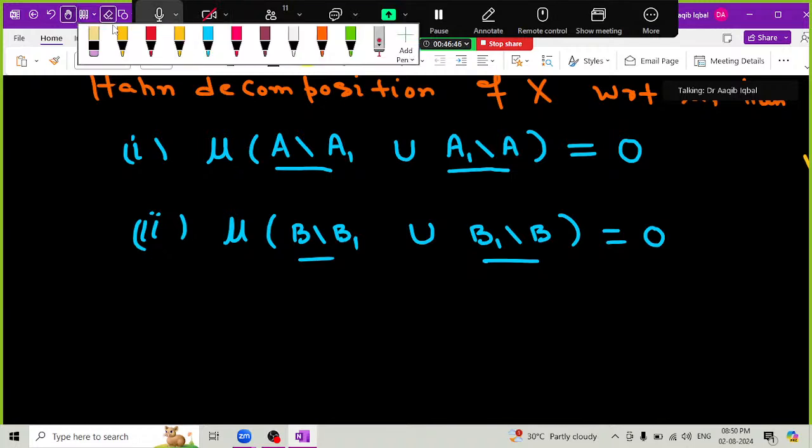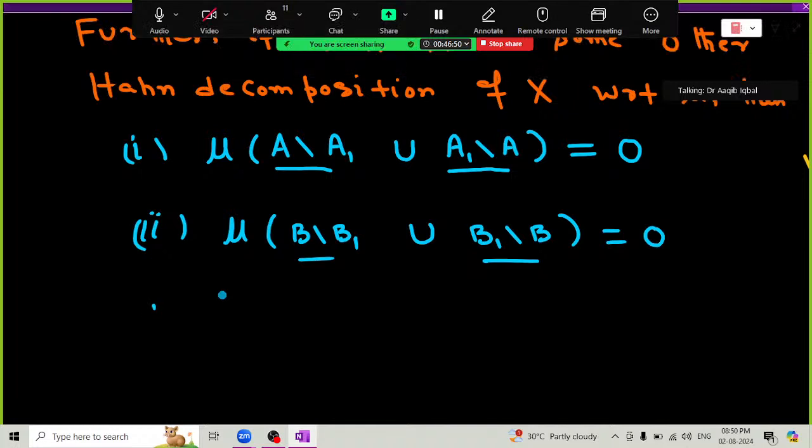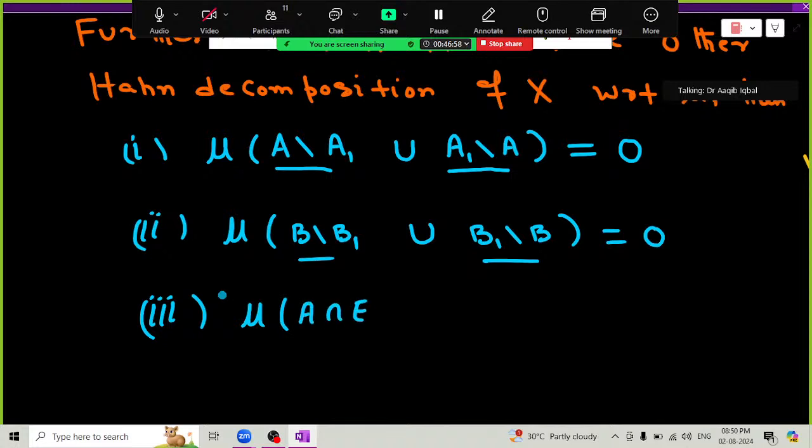There is something more in this. The third thing is mu of A intersected with A will be the same as mu of A1 intersected with A, and this will be true for all the A's in capital sigma.